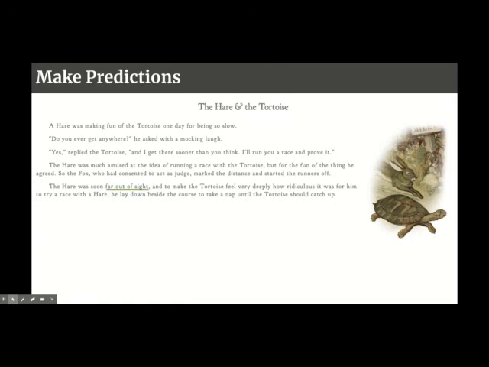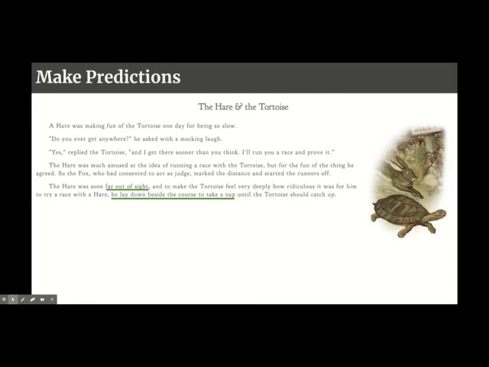I'm going to make predictions now for my third strategy, to try to guess and get in the mind space of the story to see where it goes. Well, the rabbit was so fast that nobody could see him when they started.